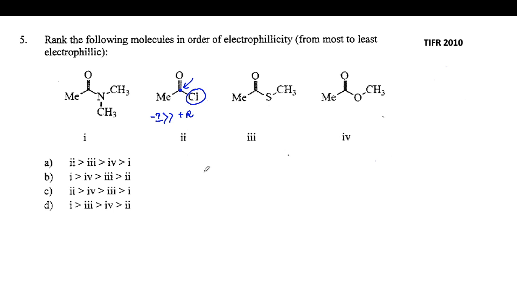So you can easily say 2 is going to be the greatest. Now, who is going to be the least electrophilic? Option number 1, because the plus R effect of the amine group is going to be much higher as compared to the minus I effect, and it is going to donate electrons to the carbonyl. That's why this is going to be least electrophilic.